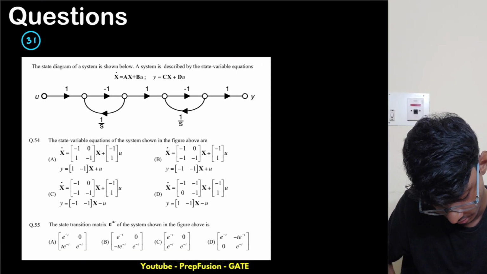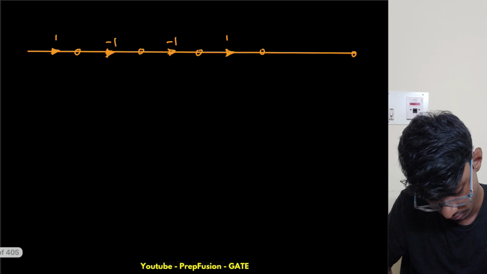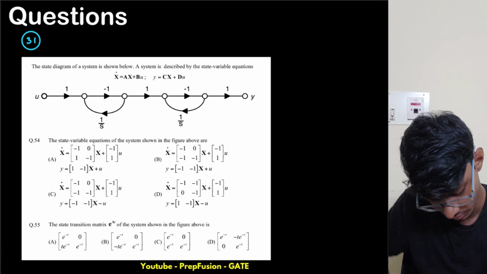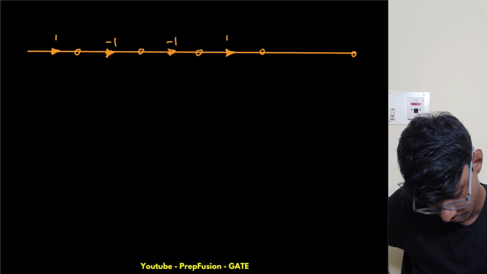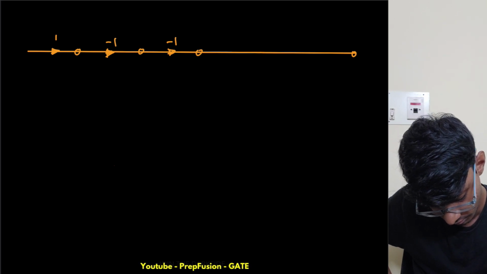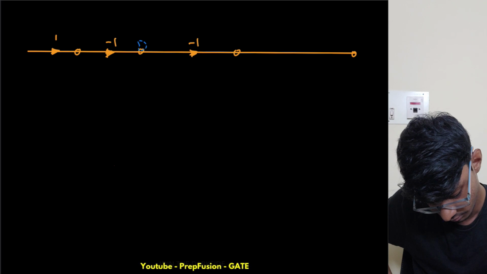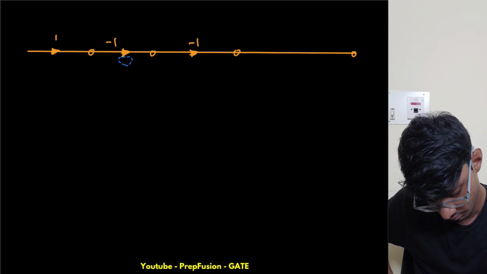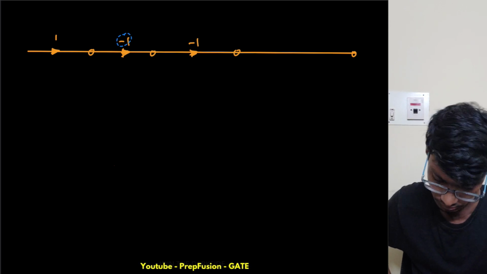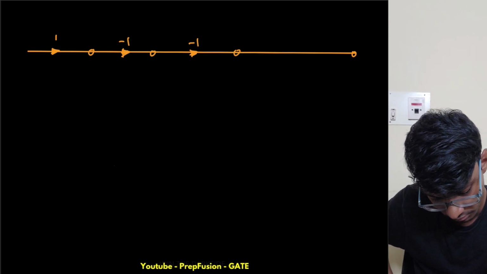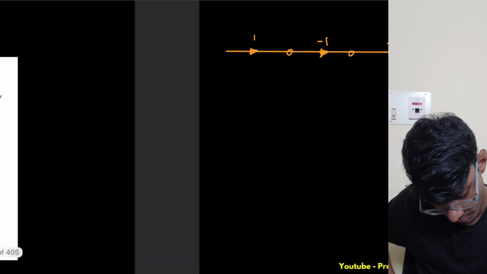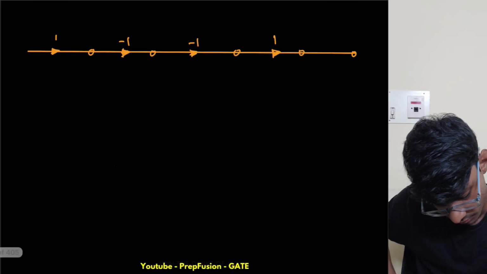Okay, I'm doing something wrong. No, I'm not doing something wrong. This is okay. We have only 4 nodes only. This is only 1.